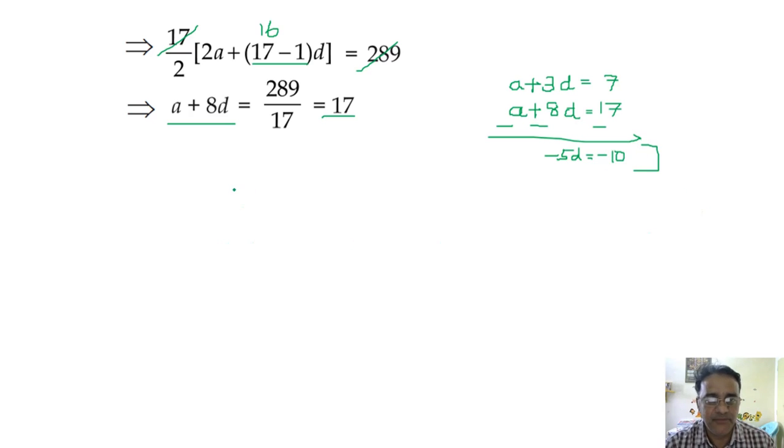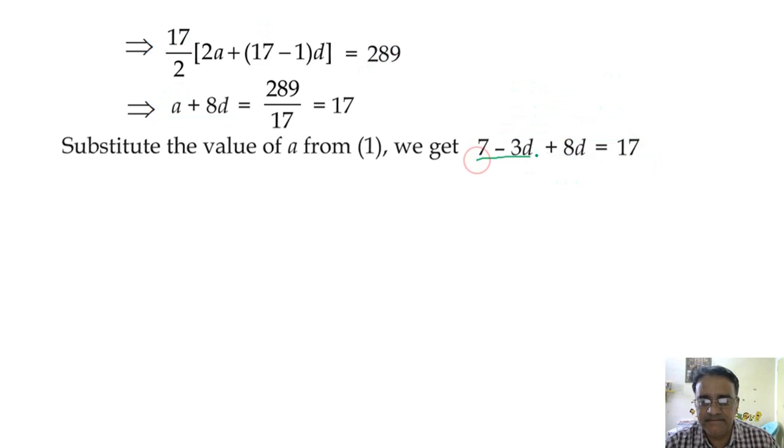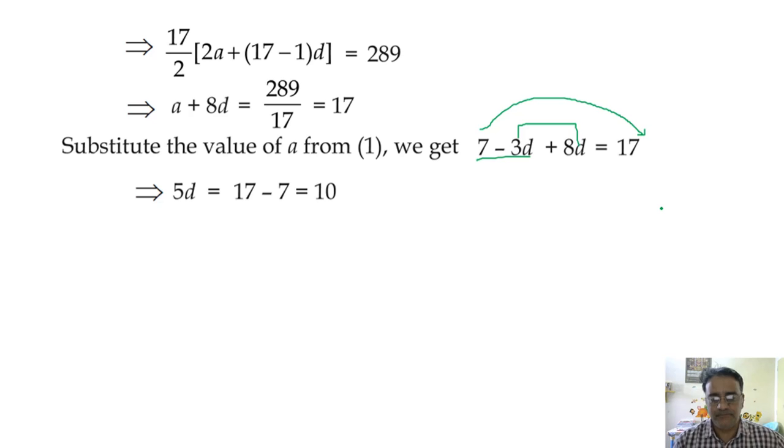2. Right. So यहाँ पे हम लोग a का वैल्यू 7 minus 3d था. So we are substituting here. Both are easy. 7 minus 3d. Now minus 3d plus 8d will become 5d, and if you shift 7 to this side, it will become 17 minus 7, that is 10. So d is equal to 2 we got.